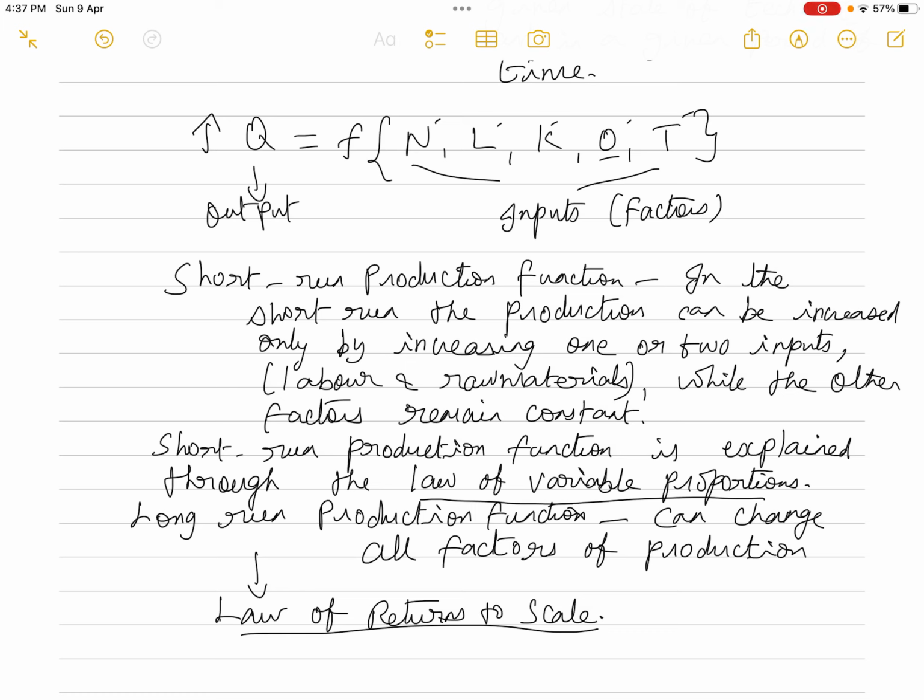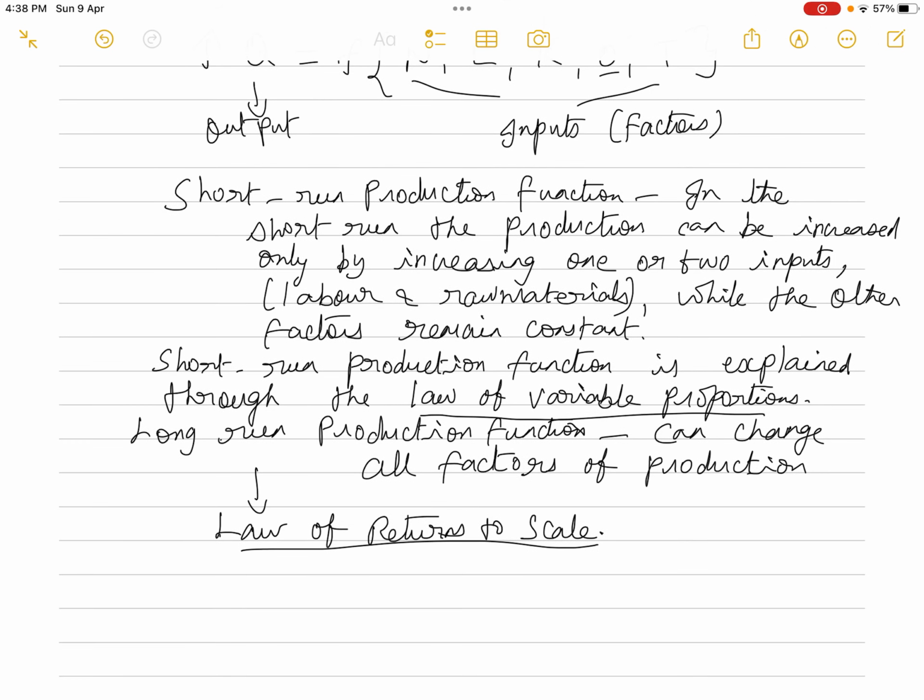That is how the consumer attains the maximum satisfaction given his limited money income and his innumerable wants. In the same way, both the law of variable proportions and the law of returns to scale try to explain the equilibrium position of the producer, that is, at which point the producer will get the maximum profit and he has to stop the production.